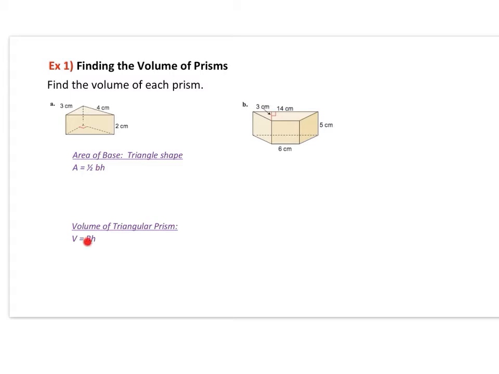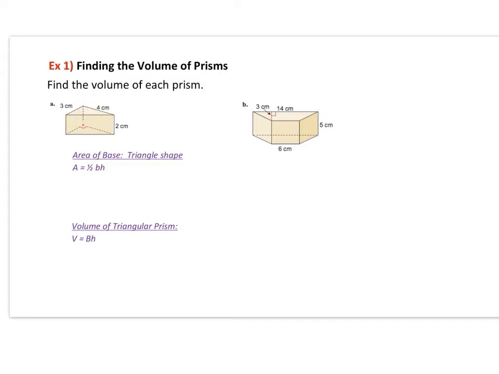Now this b is not to be confused with the capital B. They are different values. They represent different parts of the prism. Also, the same goes for the lowercase h, not to be confused with these two formulas. They are not the same values. So for the triangle shape, just the triangle is our focus. Its base is 4 and its height is 3.